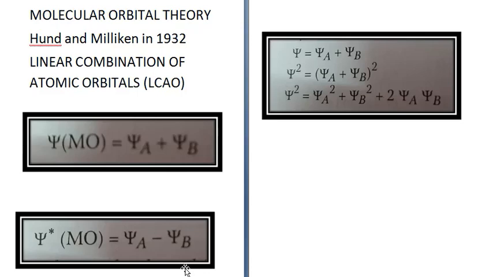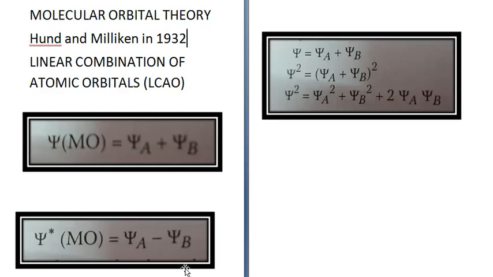The formation of bonding and anti-bonding molecular orbitals can be explained in terms of constructive and destructive interference. During constructive interference, the two waves are in phase and the amplitudes of the waves are added up.